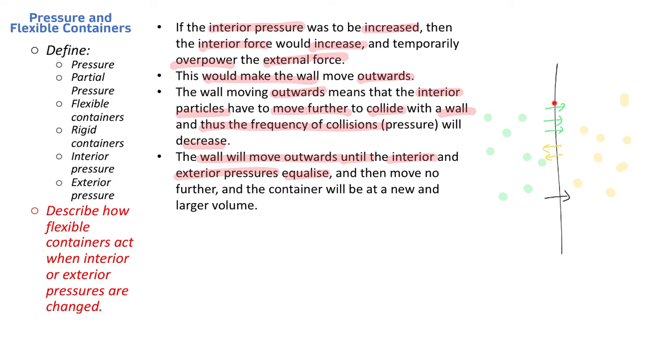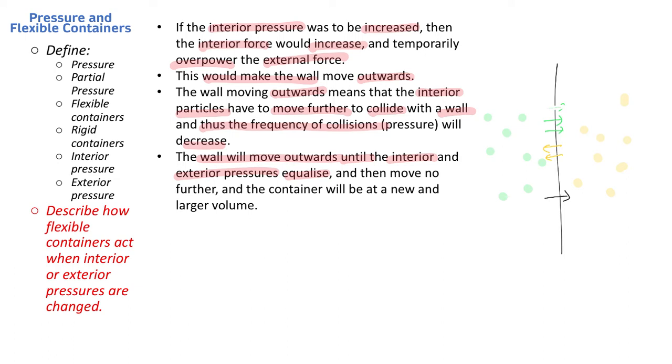So the idea is that I've increased the interior pressure somehow, and it's now overpowering the external pressure. But now that the wall is moving outwards, this amount of interior pressure is going to decrease. So I'm going to lose one of those little arrows. I can't delete that arrow. Stupid arrow.